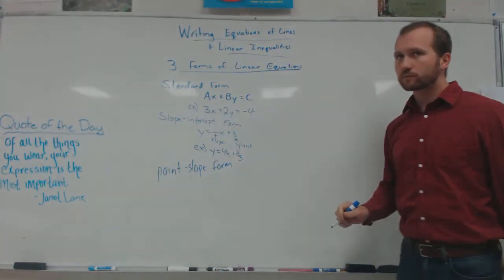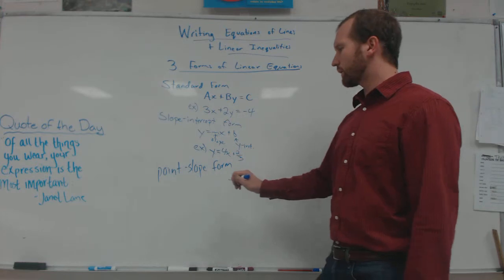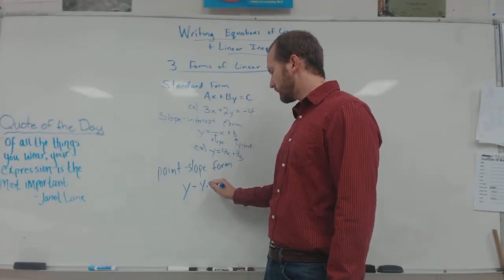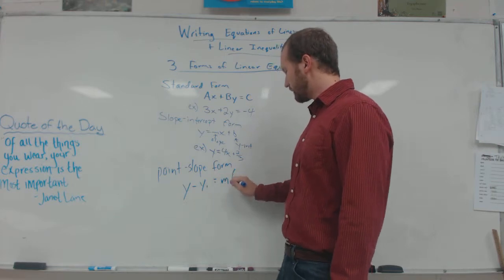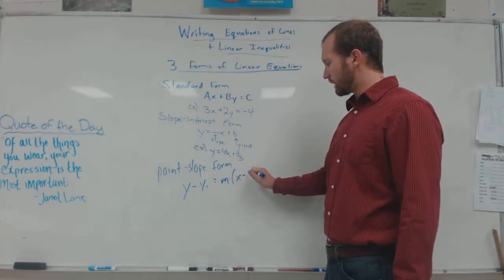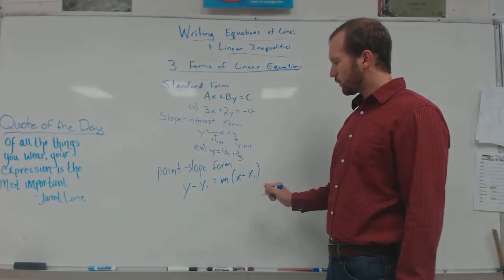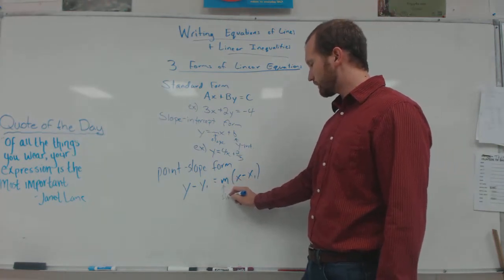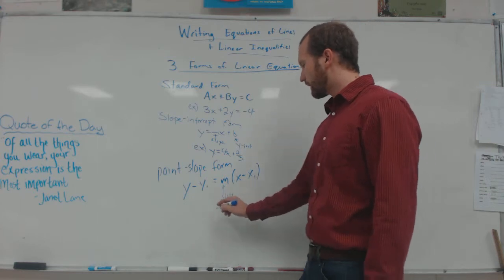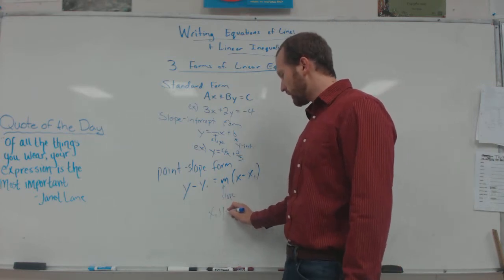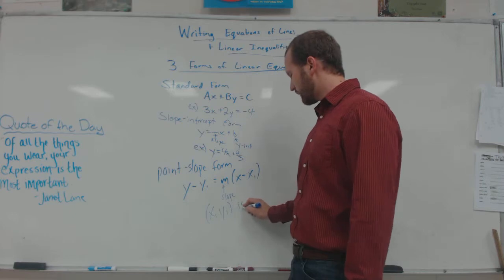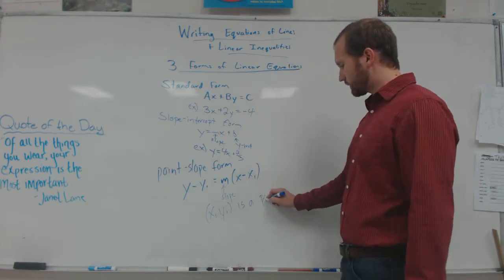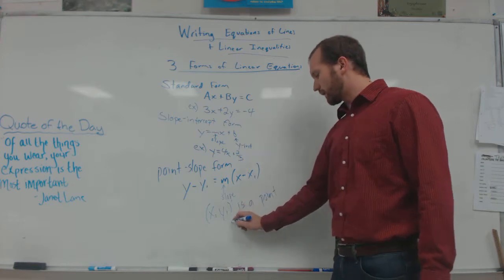In this case we have y minus y1 equals m times x minus x1, where m is the slope, and then (x1, y1) is a point on that line.